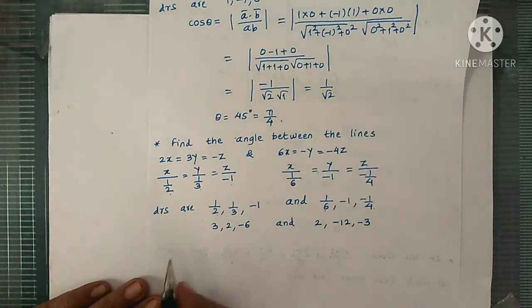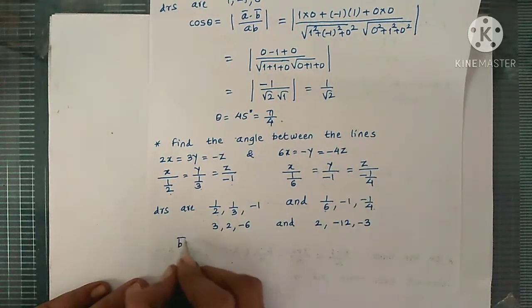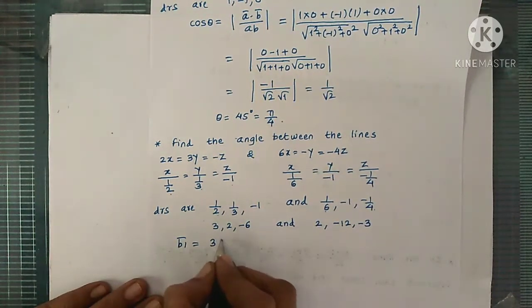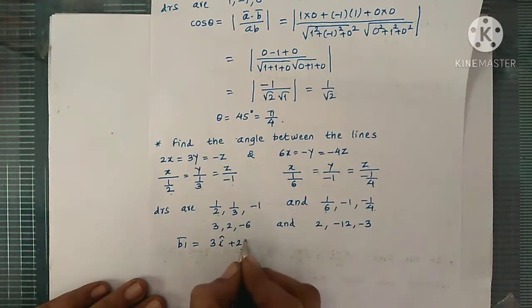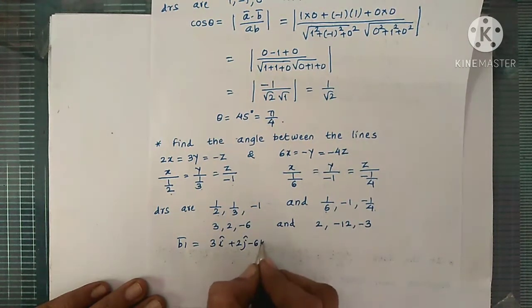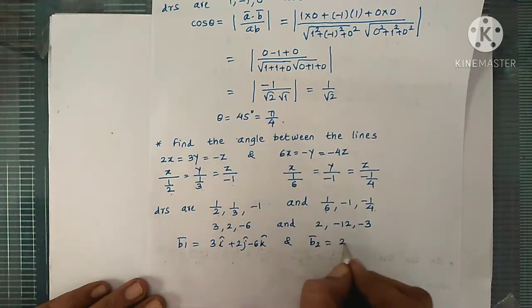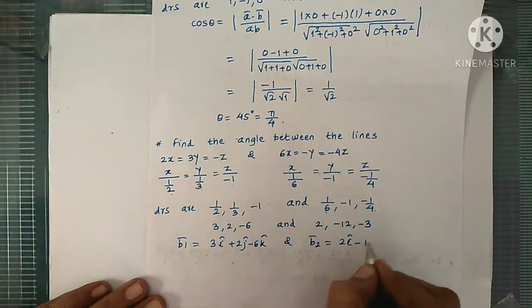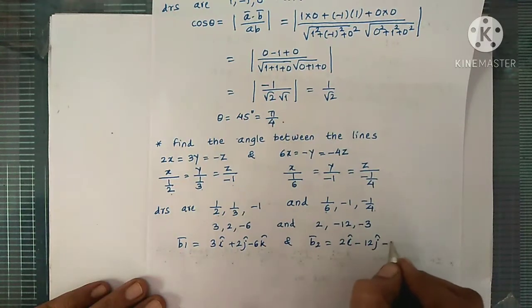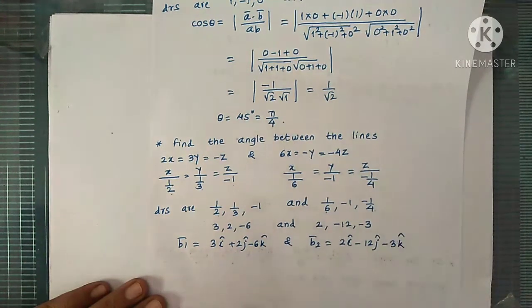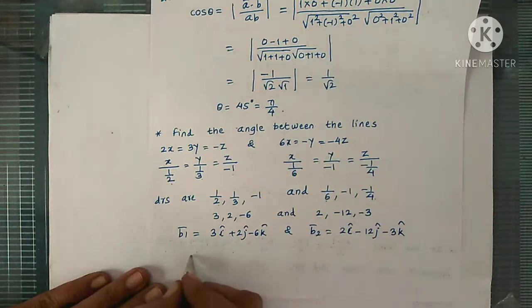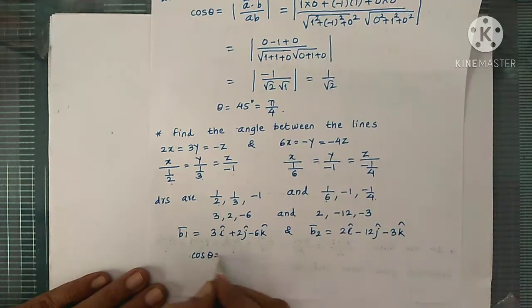Now let's find the angle. Our b1 bar is now 3i cap plus 2j cap minus 6k cap, and b2 bar is 2i cap minus 12j cap minus 3k cap. First let's write the formula.